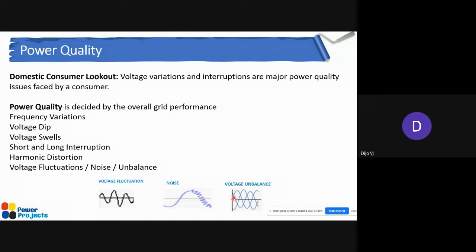And voltage unbalance. We know that we are using a three-phase system, so it is expected to have the same magnitude of voltage in all the phases, with the phase angle shifted by 120 degrees for each phase. That is what is called a balanced system. But when the voltage is unbalanced, the magnitudes can also be different in the phases.